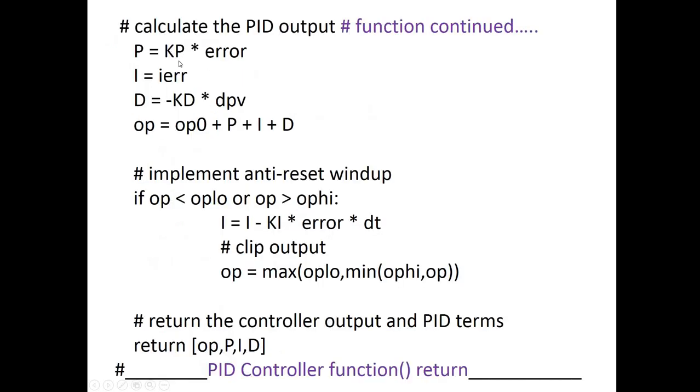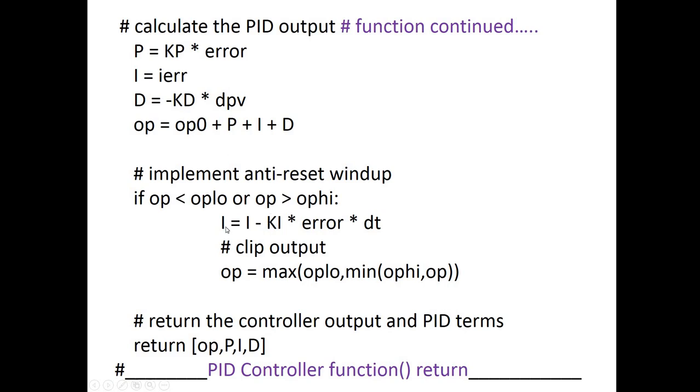Now P is equal to Kp multiplied by error, I is equal to I error, and D. Now we are coming to capital P, capital I, capital D. So initially we started with small kp, ki, kd, then capital Kp, capital Ki, capital Kd. Now say PID, and the output is nothing but an addition of all three plus a bias output.